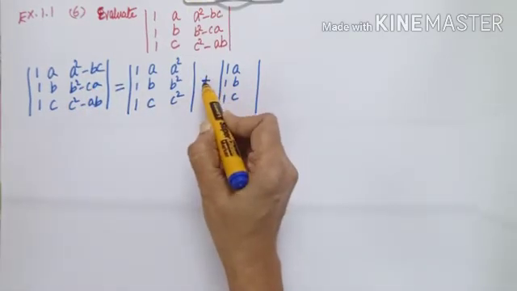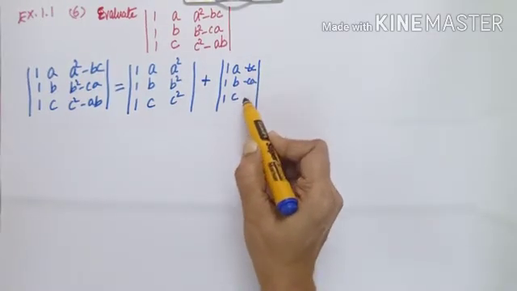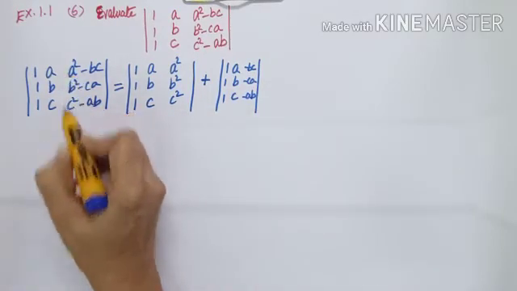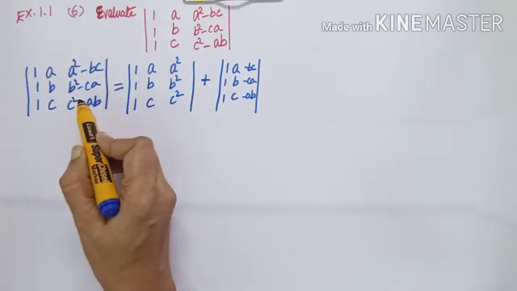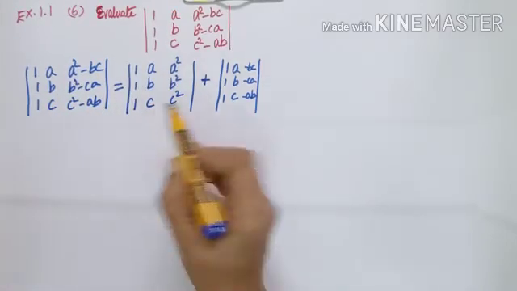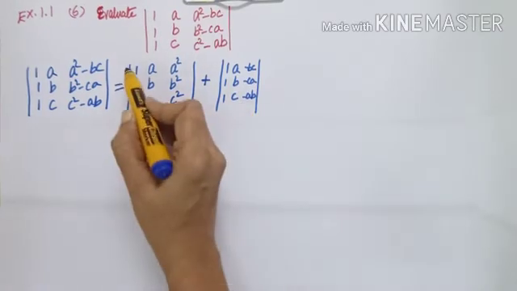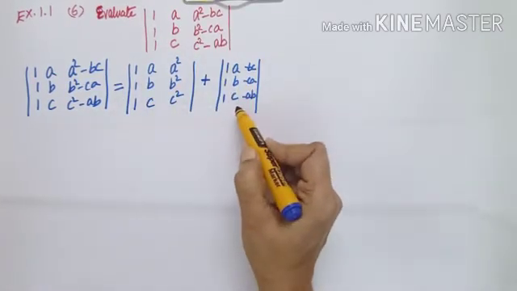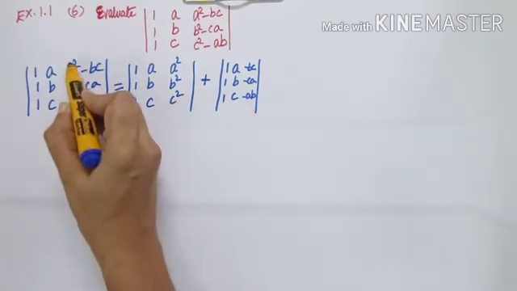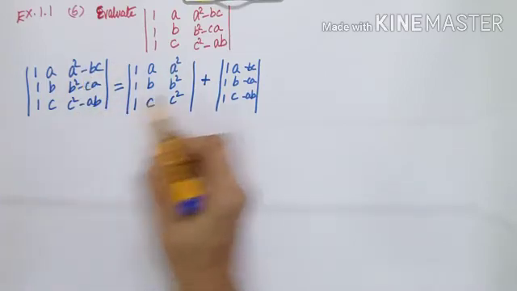We will put plus here, put minus BC, minus CA, minus AB. So when one particular column is expressed as a sum of two elements, determinant itself is becoming sum of two determinants. First and second column, no change. Write as it is. Third column, all the first elements in first determinant and all the second elements in the second determinant.